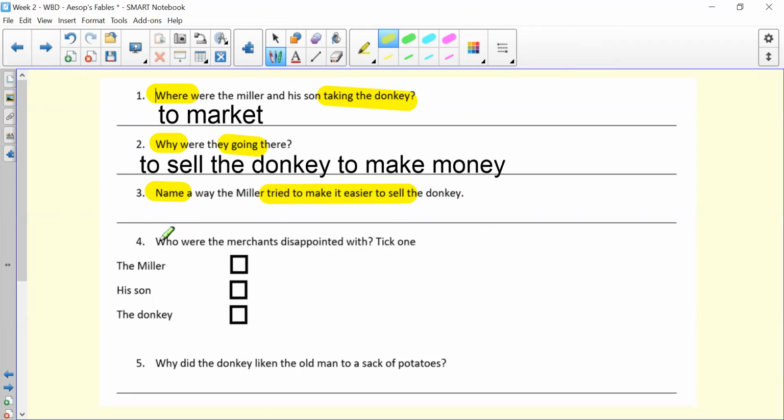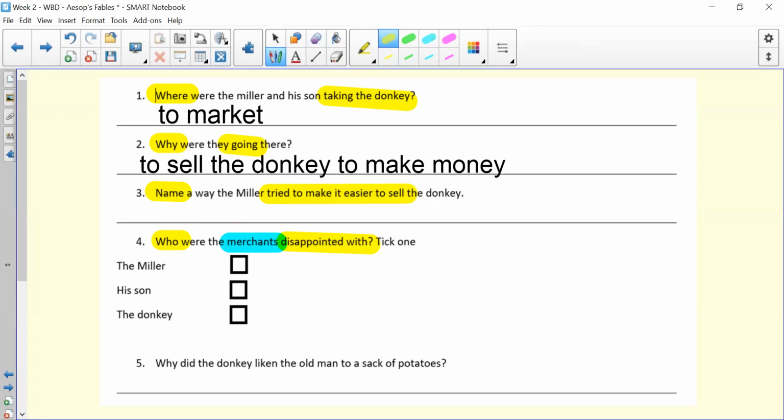The next one, who were the merchants disappointed with? Now, it might not say the words disappointed, but we know that we are looking at the merchants. So I would scan the text until you find the word merchants and see who they weren't very happy with, who they think were doing something wrong. And then you're going to tick one. Okay, so it's one of these answers.